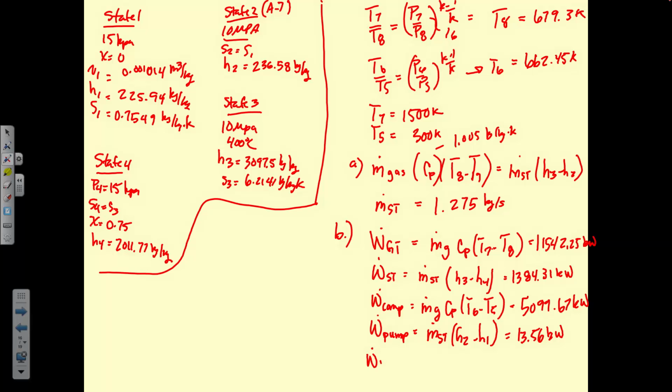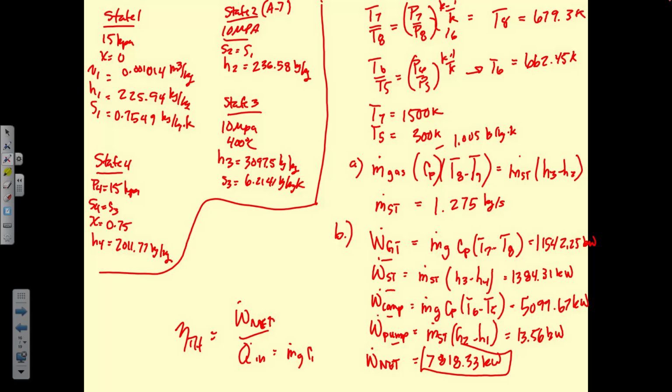So work net is going to be equal to the work of the turbines minus the work of the compressor minus the work of the pump, 7818.33 kilowatts. And the thermal efficiency is equal to the work net over Q in, where Q in is equal to m dot of the gas turbine C sub P times T7 minus T6.